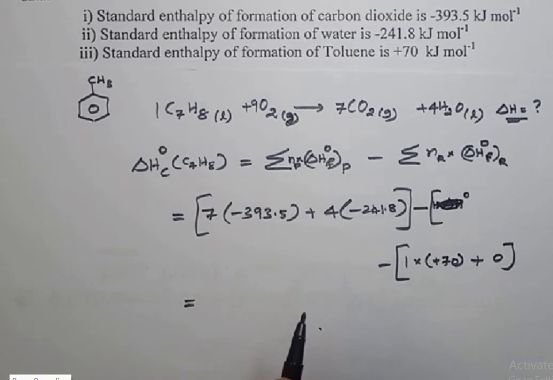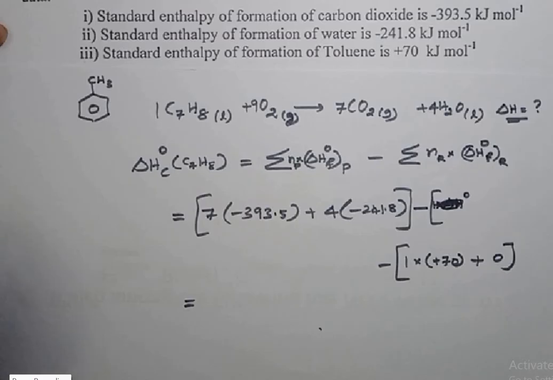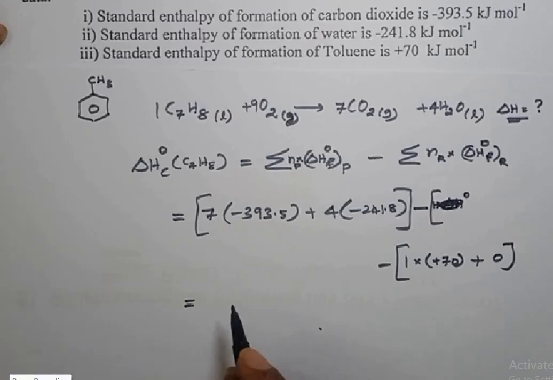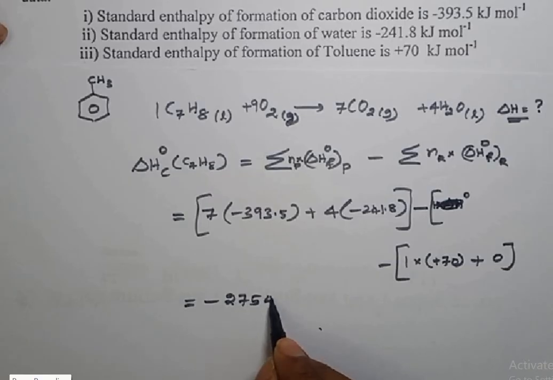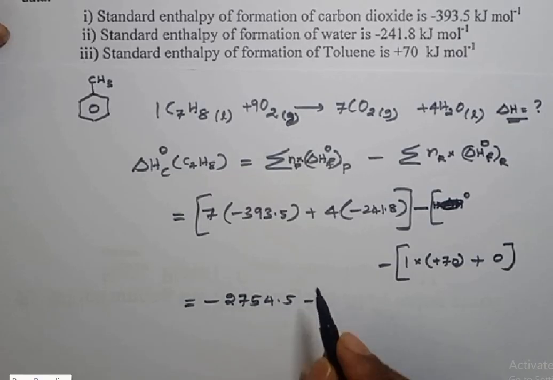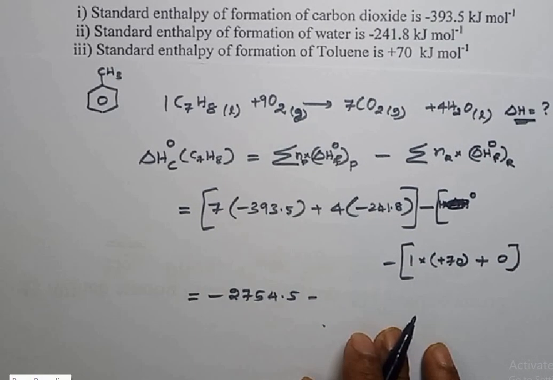So what we get is, we have to multiply all these things. Let me do it. So 7 into minus 393.5 will give me a value of minus 2754.5. Then you have to multiply here.